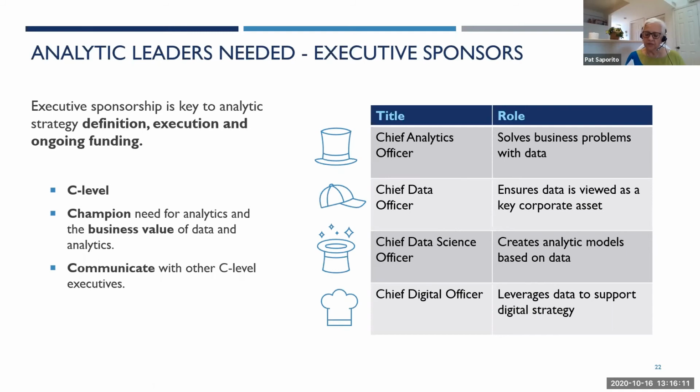The Chief Data Officer really is ensuring the data is viewed as a key corporate asset, right? Potentially less focused on the business problems, and of course they're focused on the business problems, but less application oriented, I would say, more so about the data. The Chief Data Science Officer, creating those really sophisticated data models. And the Chief Digital Officer, which is certainly a complement.